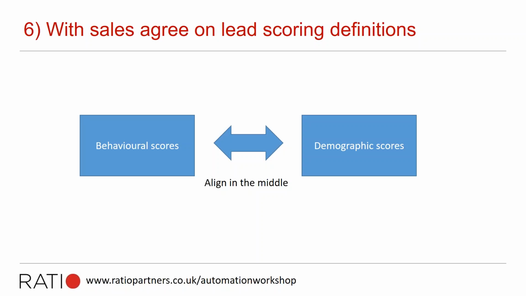How will we profile demographic information? What systems will we use to cleanse data? How often will we cleanse our prospect list? And between behavioral scores and demographic scores, between what your visitor thinks of you and what you as a business value in your visitor, the truth is somewhere in the middle. That is going to be your ideal prospect, and that's the starting point for scoring your leads.